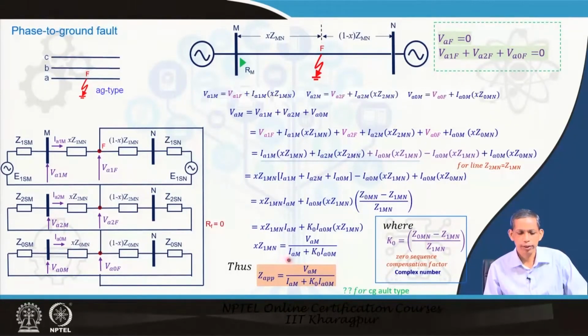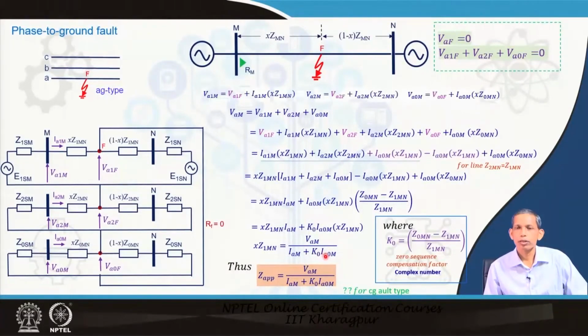So, what we learn from here is that VAM is expressed in terms of this relation. Therefore, we can calculate x Z1Mn, which is nothing but the positive sequence impedance up to the fault point, equal to VM divided by IM plus K0 I0M. All the measurements can be obtained by the relay at the local bus M: VM measured at phase A, IM measured at phase A, K0 depends upon the line data, and I0M is nothing but IA plus IB plus IC divided by 3.